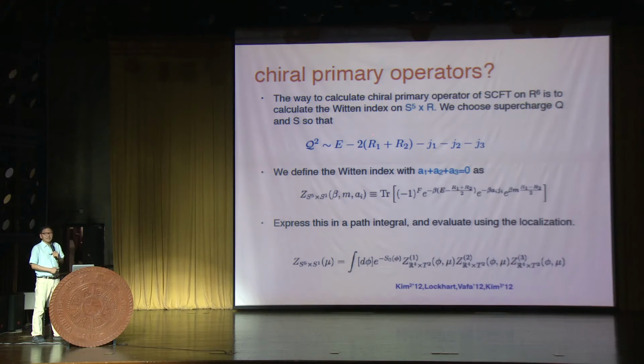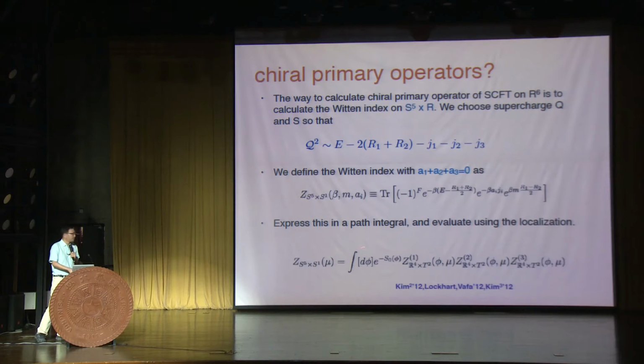One can think about an index function, which is counting chiral BPS operators in the theory. So one has to define the theory on S^5 × R, then calculate the index. For example, one can choose a supercharge, then define the index, which can be expressed in terms of a path integral, which we heard from Kumran, which can be regarded as a contribution from 3 fixed points.